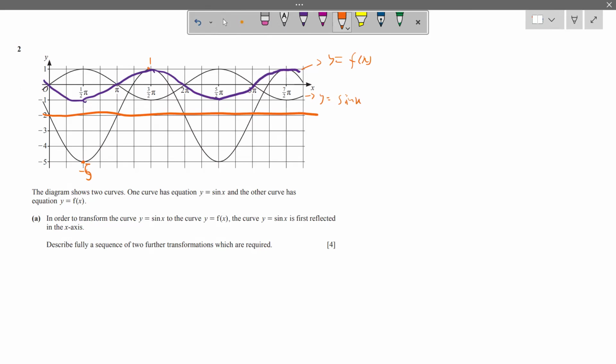So what do we do? The second transformation is to stretch the purple curve by a factor of 3.